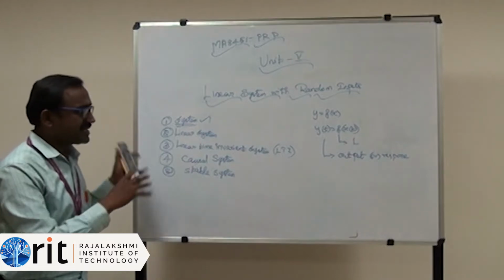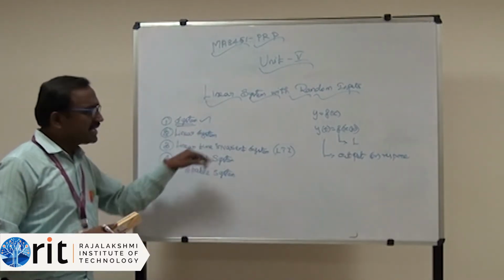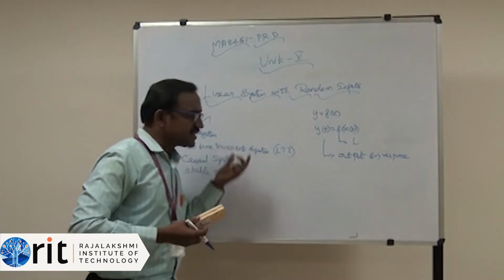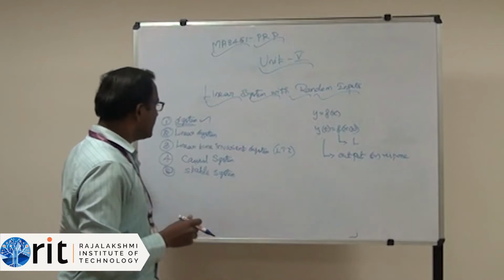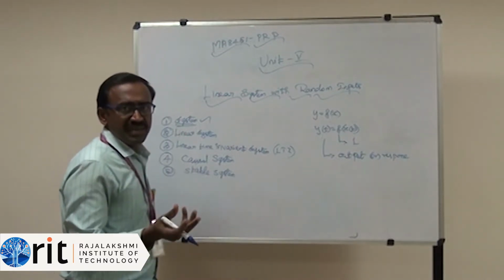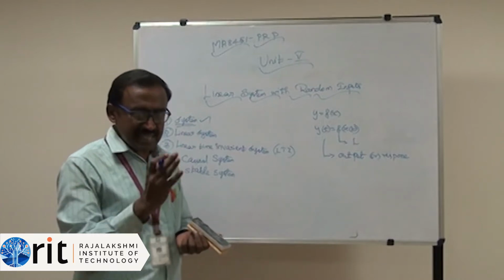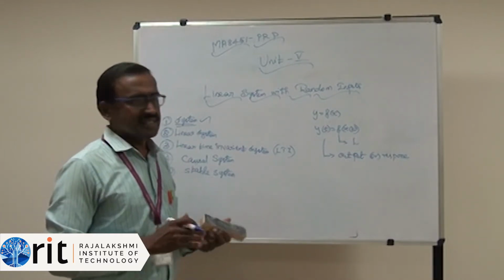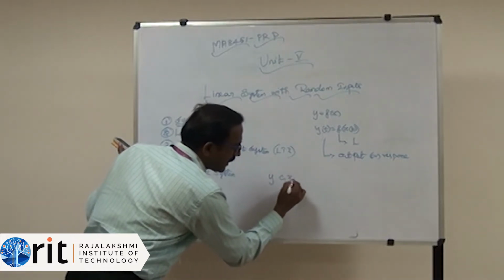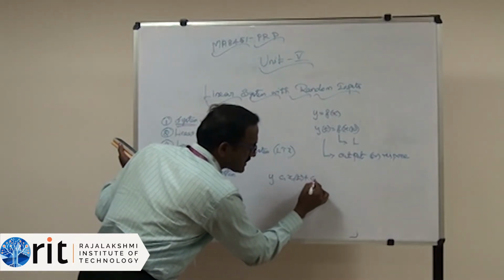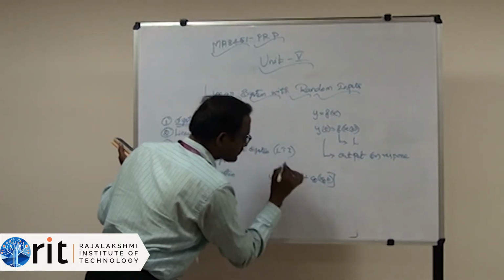You know the system is nothing but input and output, how they are related. What do you mean by linear system? We already studied many things mathematically, linear combinations we studied. So here in the linear system, the output for the sum of the inputs is the sum of the outputs computed separately. Now we can write the system: y of c1 x1 of t plus c2 x2 of t. I would like to take only two terms.